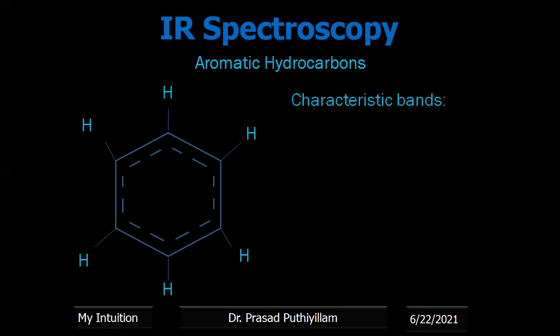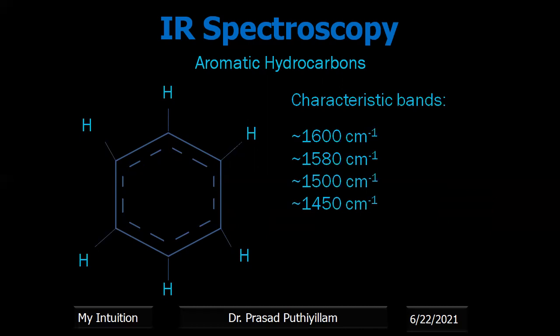The characteristic bands: if our compound is aromatic, not only benzene, then these peaks are always expected around 1600, 1580, 1500, 1450. If these peaks are there, then we can guess that it is an aromatic hydrocarbon.